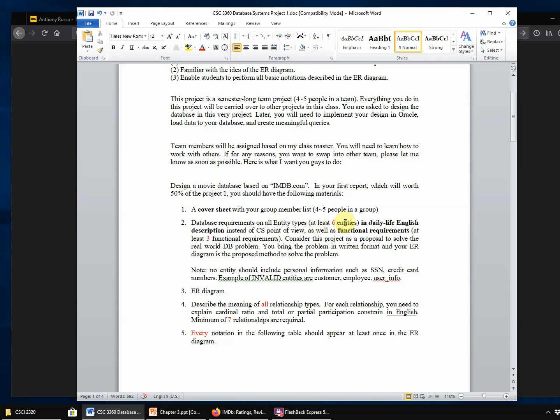For those entities, I want you to describe them in daily-life English, not CS jargon. I also want you to prepare your functional requirements, at least 3 functional requirements regarding IMDb. Consider this project as a proposal to solve a real-world database problem. You bring the problem in written format and your ER diagram as the proposal for the problem.